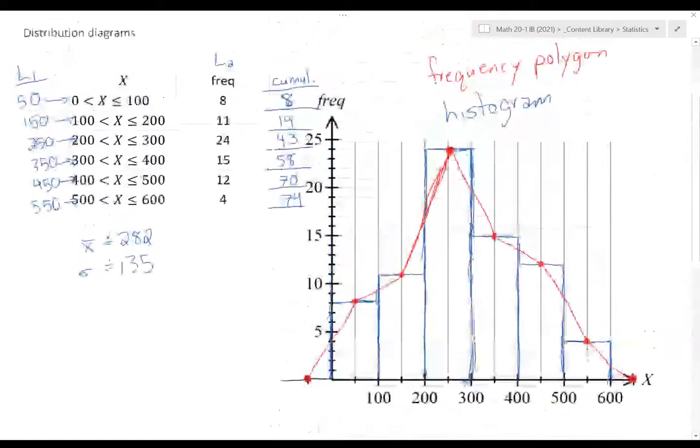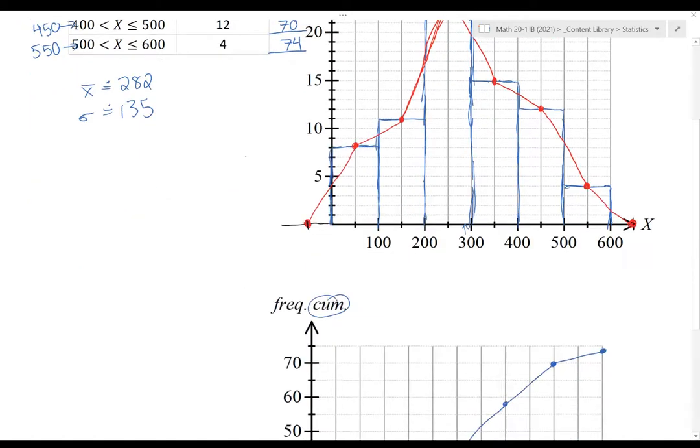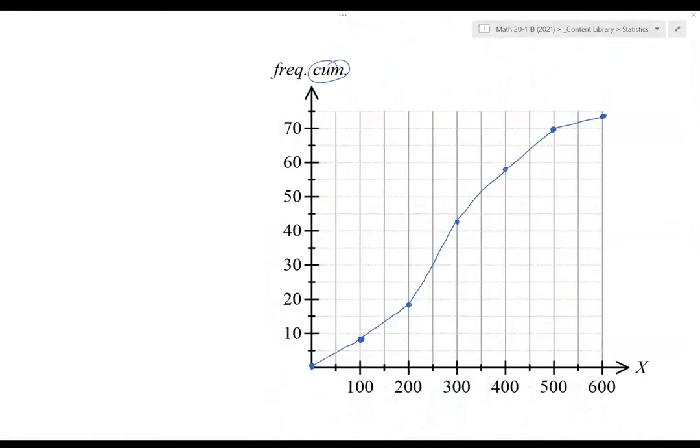So when I did these one variable stats on my calculator, it gave me an estimate for median and the first and third quartiles, but those were just 250, 150, and 350 because it's treating them all as being the same value. The cumulative frequency polygon assumes that instead of having all 8 values in the 0 to 100 range, all of them being 50, they're probably more evenly distributed throughout there.